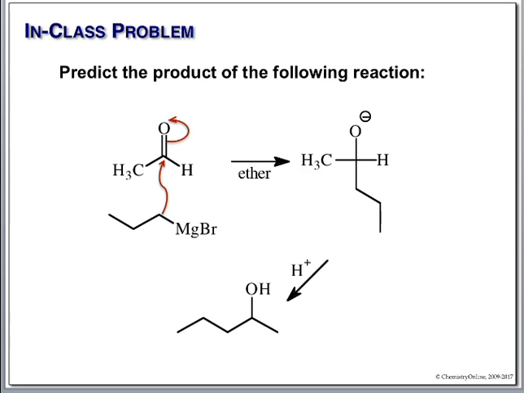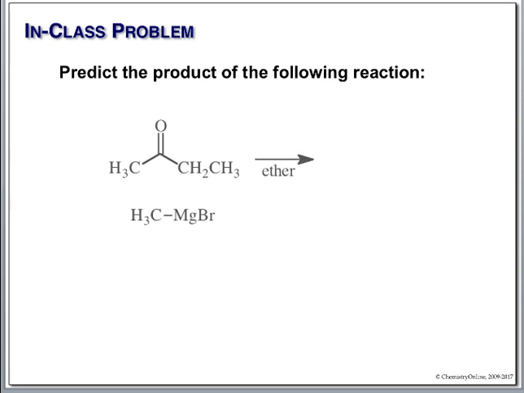Next, of course, is a ketone. Let's do a ketone. This is methyl ethyl ketone. And here I have methyl magnesium bromide. We all know what's going to happen. The methyl group thinks it's a carbanion. It will attack the carbonyl. On this carbonyl, we will have 2 methyls and an ethyl. The carbonyl will be our O-.